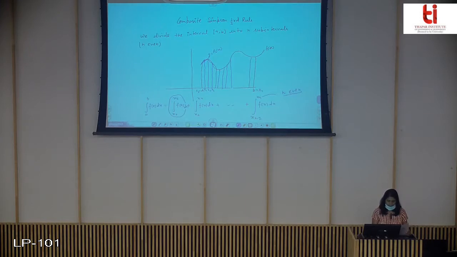Now we apply Simpson 1/3 rule for each subinterval. So we can write h by 3 [f(x0) plus 4 f(x1) plus f(x2)].